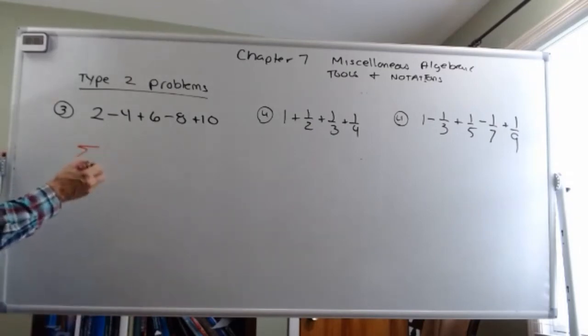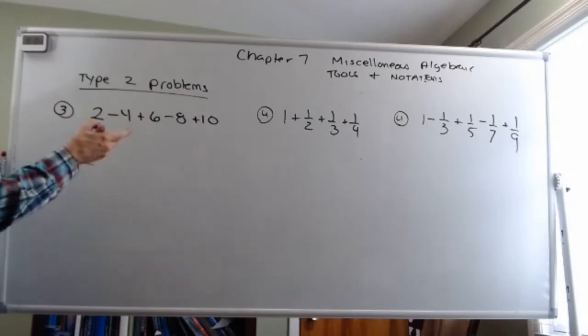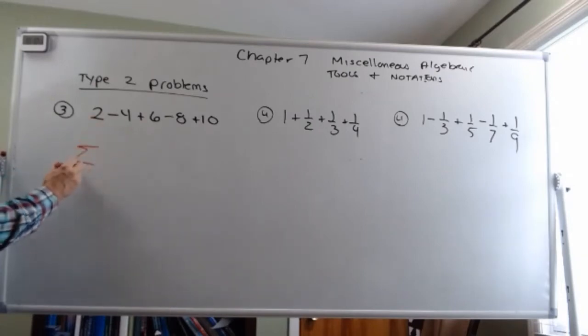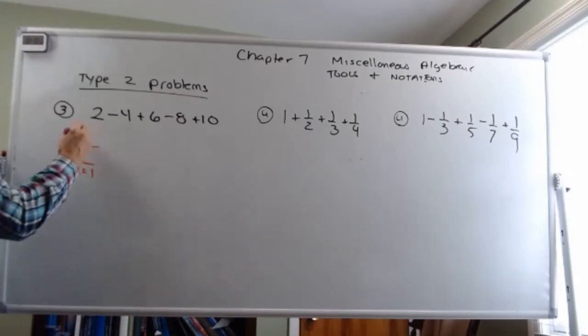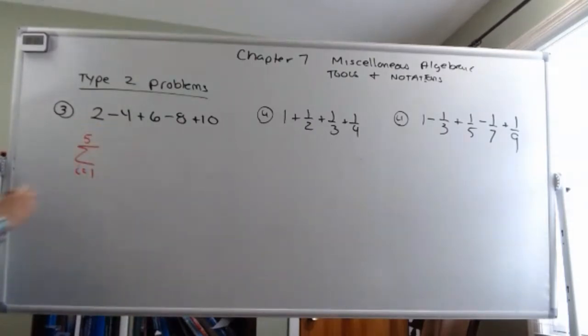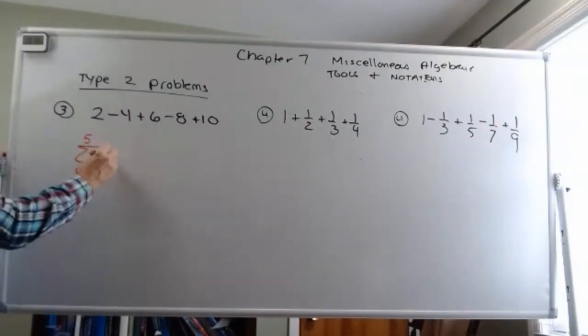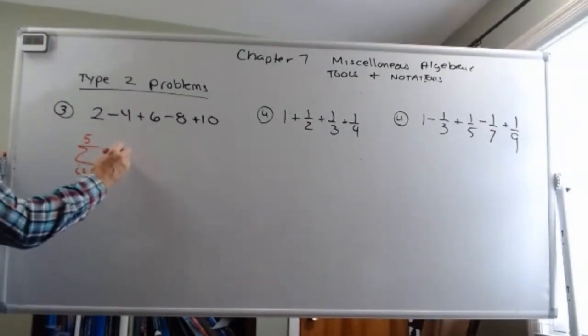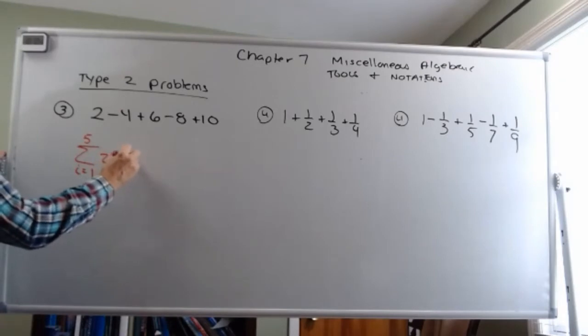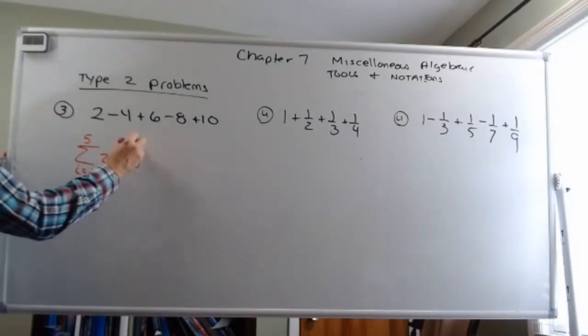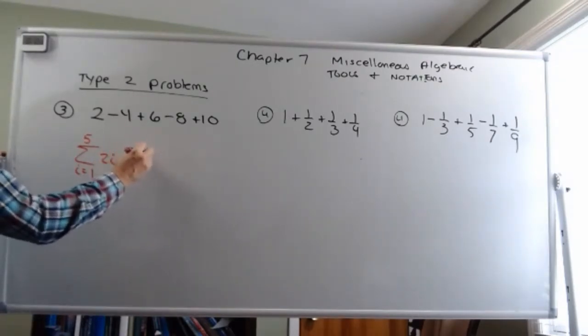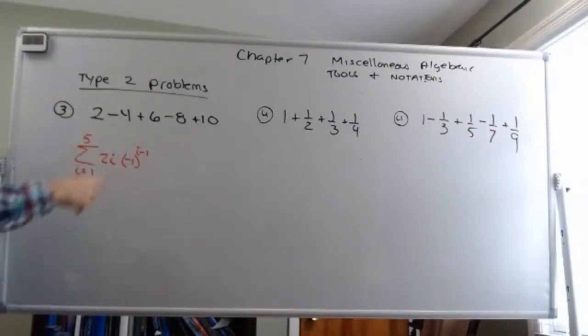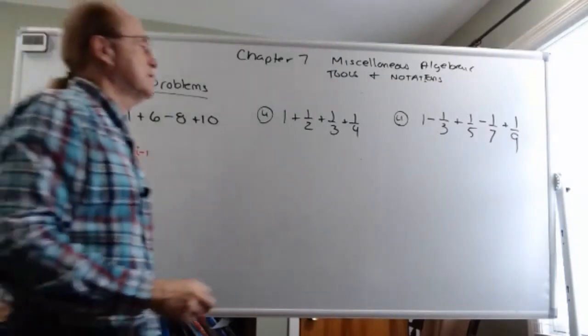You don't have to, but I'll start at 1. Sometimes I'll start at 0. Sometimes I'll start at 1. That's just 1, not unique. I could have put a plus 1 up there.